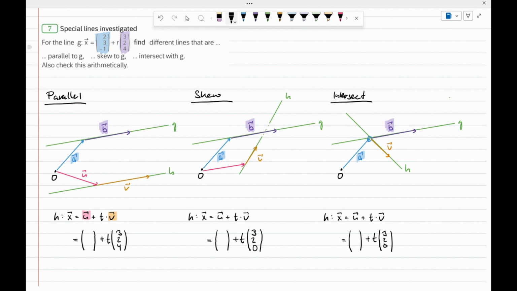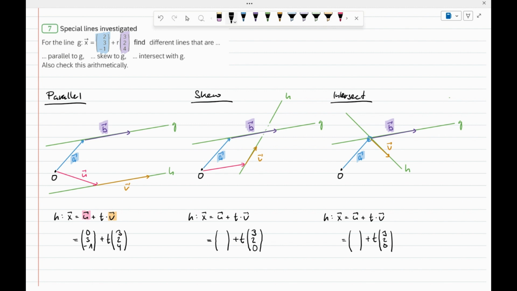Then you're extremely likely to get a point that is not on G, but we could also just change one component here. I will change the first one. So this becomes 0, 3, -1. And now I leave it to you to check that this point here doesn't lie on G.